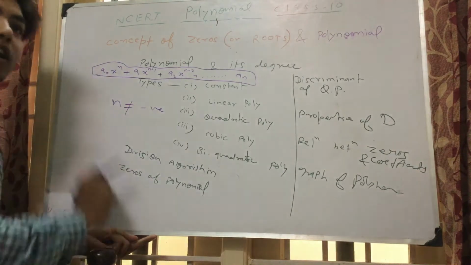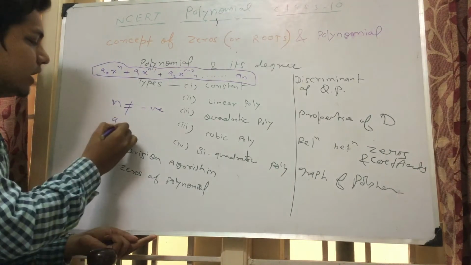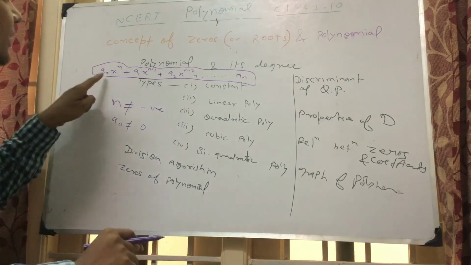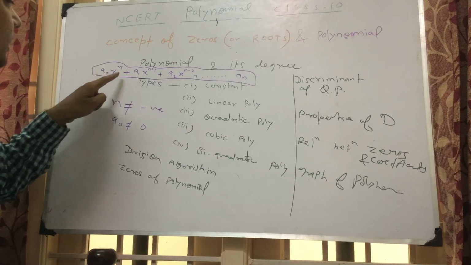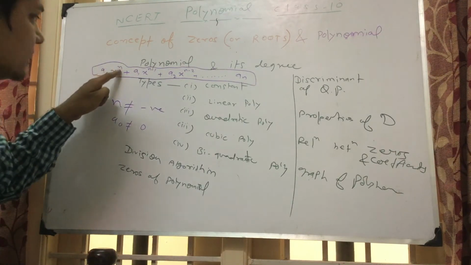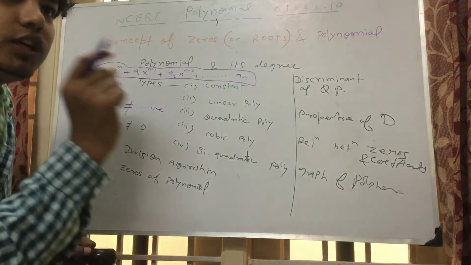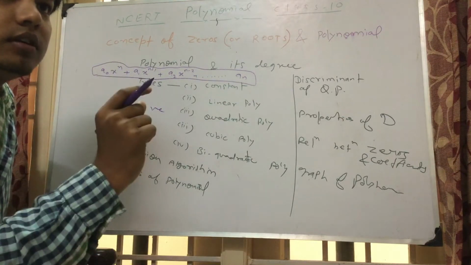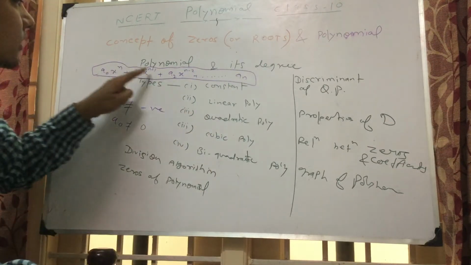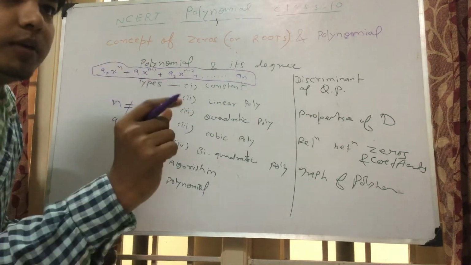Next thing, about a naught. A naught cannot be 0. Why? Because if a naught is 0, then this term will be 0. And here n represents the degree of the polynomial. How to decide the degree of the polynomial? The highest power will be the degree of the polynomial.